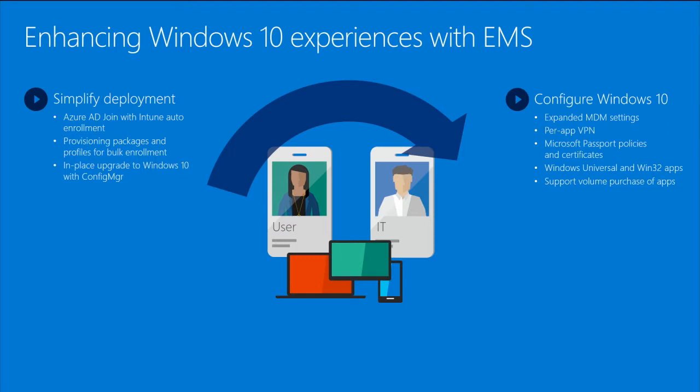Additionally, there's a new model for provisioning called the provisioning package. There's an authoring tool for the provisioning package whereby the IT pro can author a configuration standard for their devices and inject that into the devices so that they boot up into and start life with a corporate configuration as defined by the IT department.